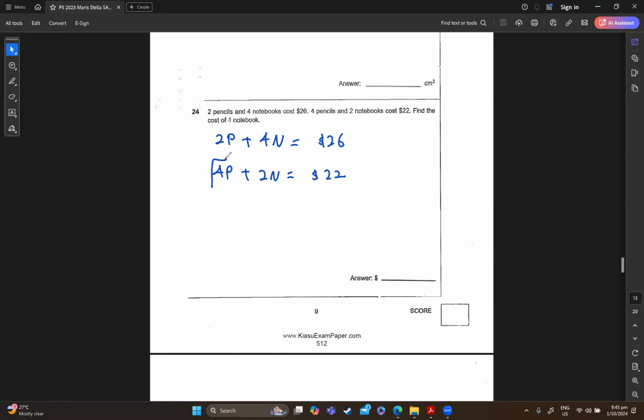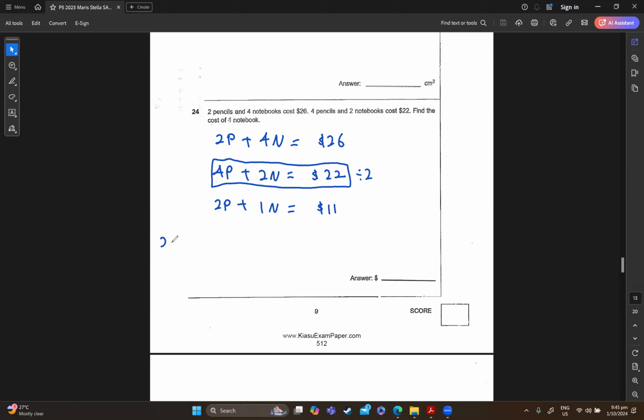So from here, I can divide this by 2 to get 2 pencils and 1 notebook, which is $11. So I can subtract this with this now, okay?